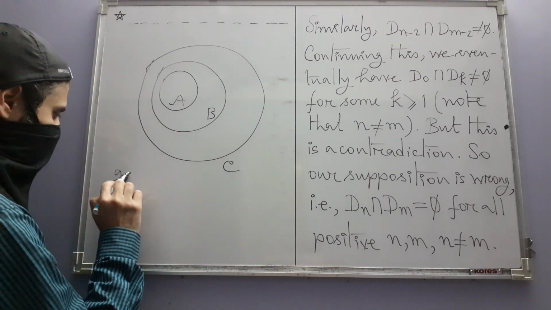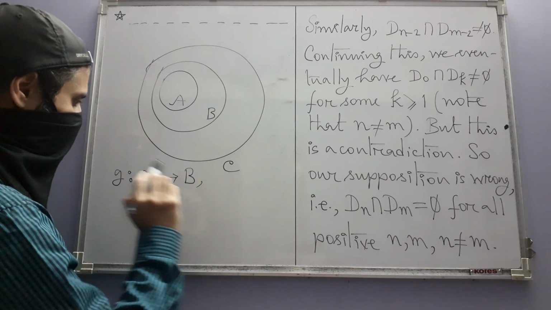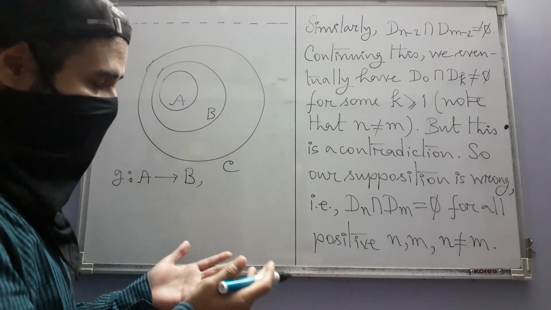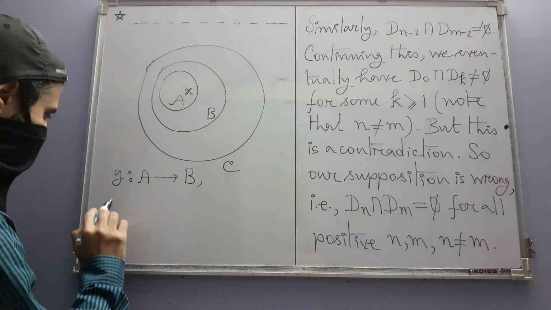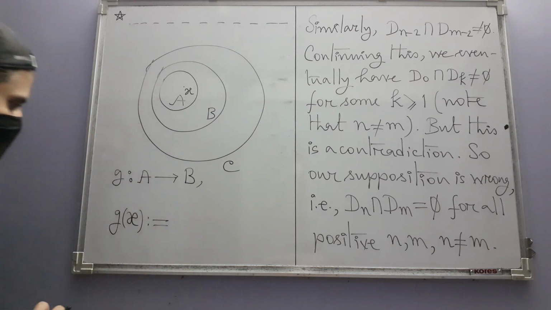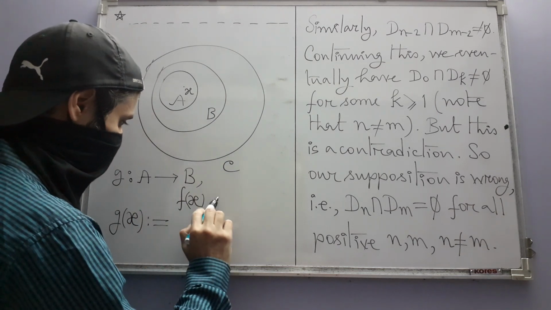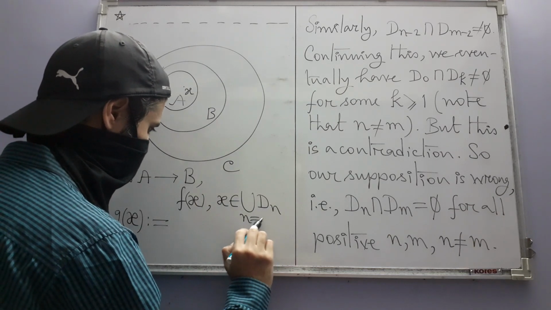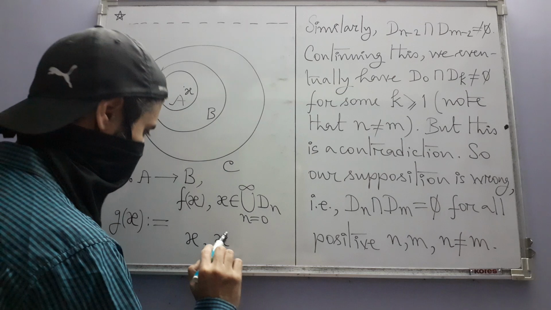We have said that g is a function from A into B. So if we take any element of A, some x here, then g of x is defined to be equal to f of x if x belongs to this union, and is defined to be equal to x if x does not belong to this union.